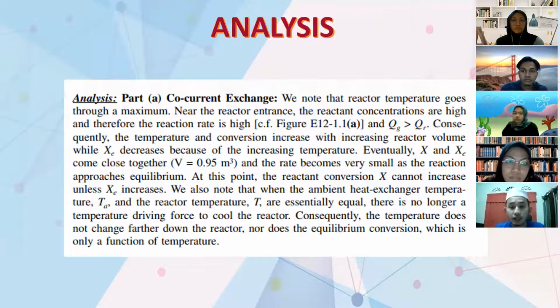Eventually, X and XE come close together, at V equals 0.95 meter cube, and the rate becomes very small as the reaction approaches equilibrium. At this point, the reactant conversion X cannot increase unless XE increases.